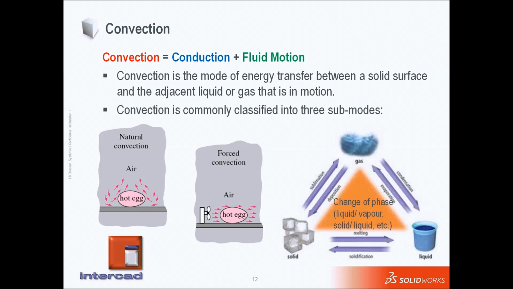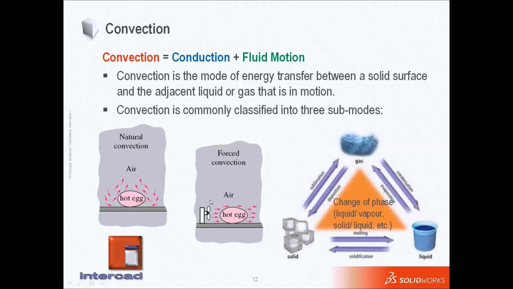Basically, it is a conduction mechanism plus fluid motion. We usually classify three categories in convection. First, if you have a hot solid in a fluid domain, which could be air, such as a hot egg in the atmosphere, we have natural convection.